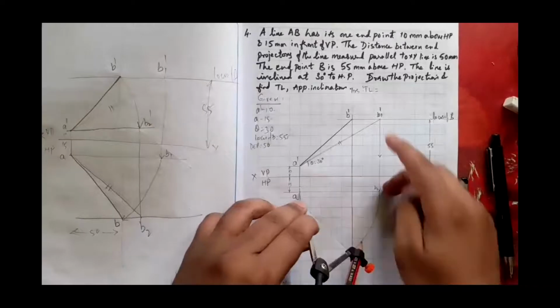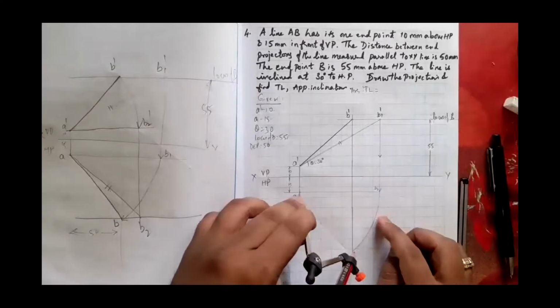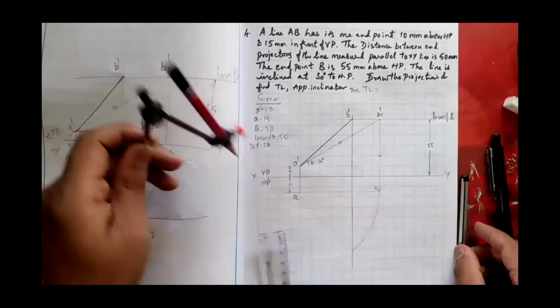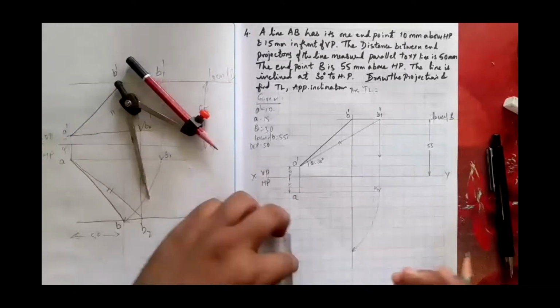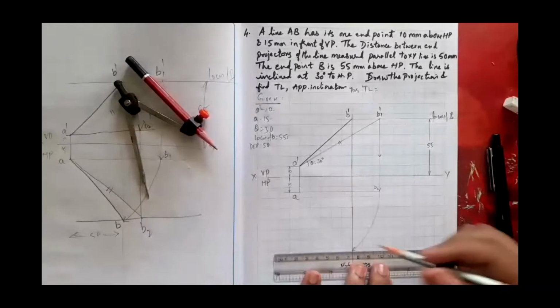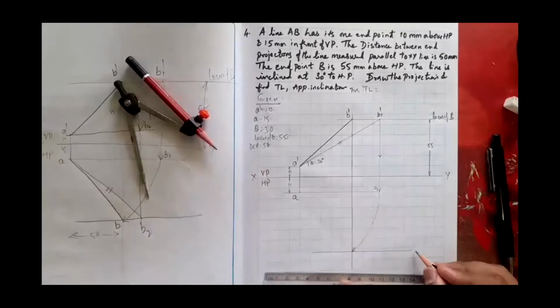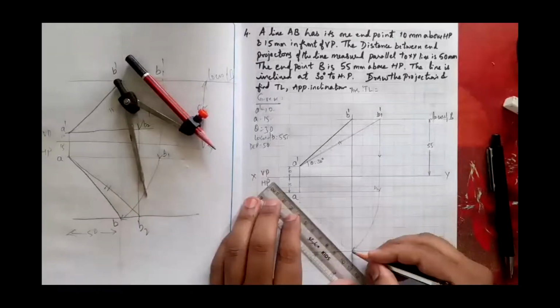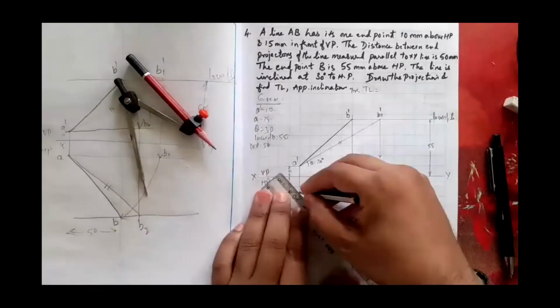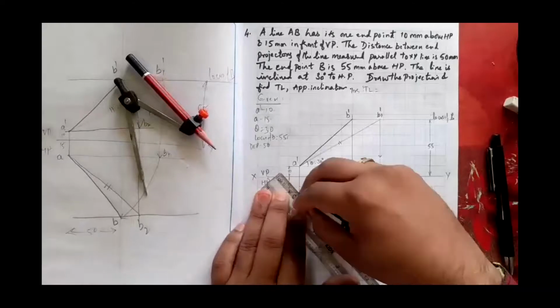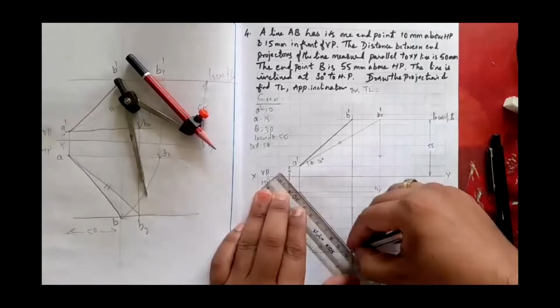I have to get the top view. So this is the arrow mark. I'm stopping it till here. And I'm drawing a horizontal line to obtain this locus of B and join this as AB. Front view and top view thickness and the line length may vary, but true length will remain the same.